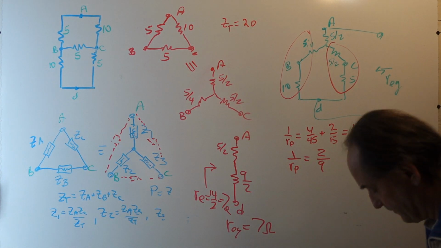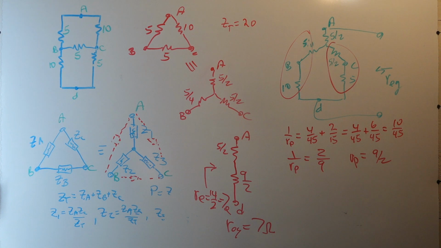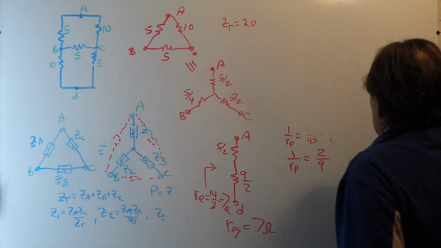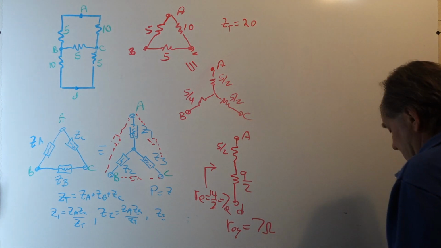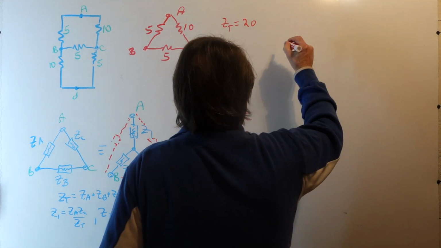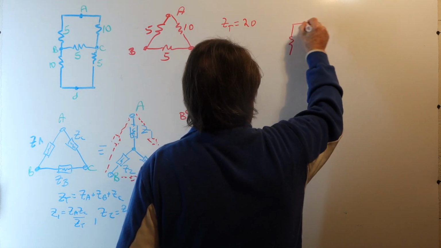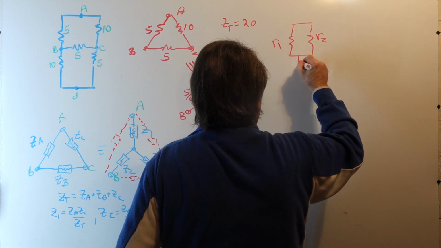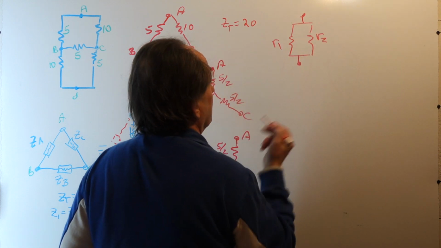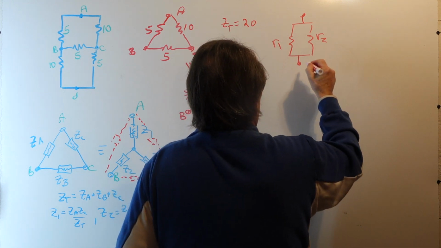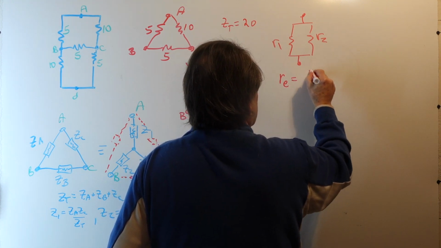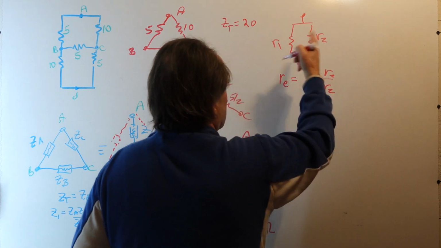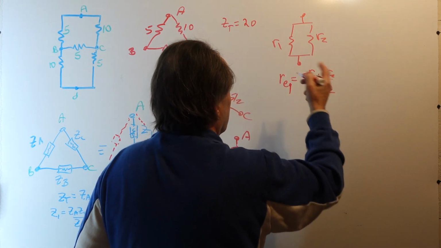Now some of you might feel more comfortable, rather than working with conductances, to use the parallel formula. You know that if we have two resistors in parallel, call them R1 and R2, and we want to find the parallel combination, the R equivalent is R1 times R2 over R1 plus R2, but that's totally equivalent to the reciprocals.